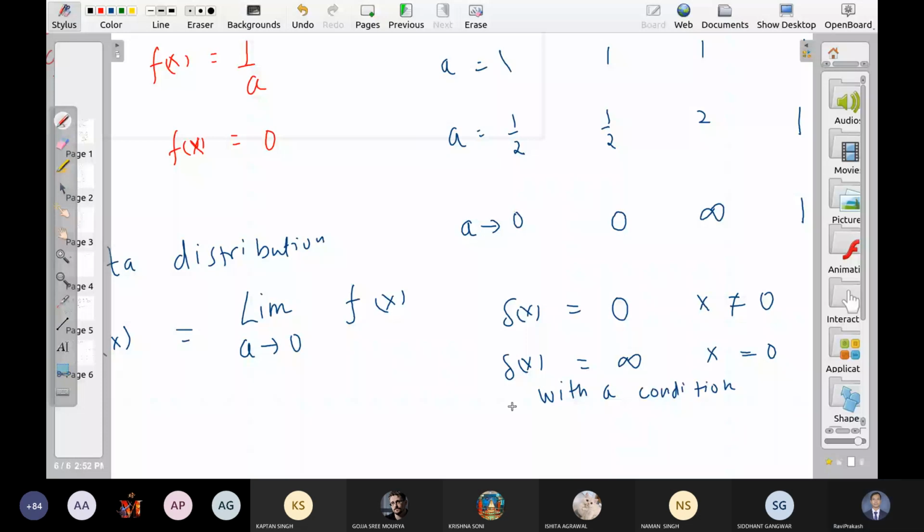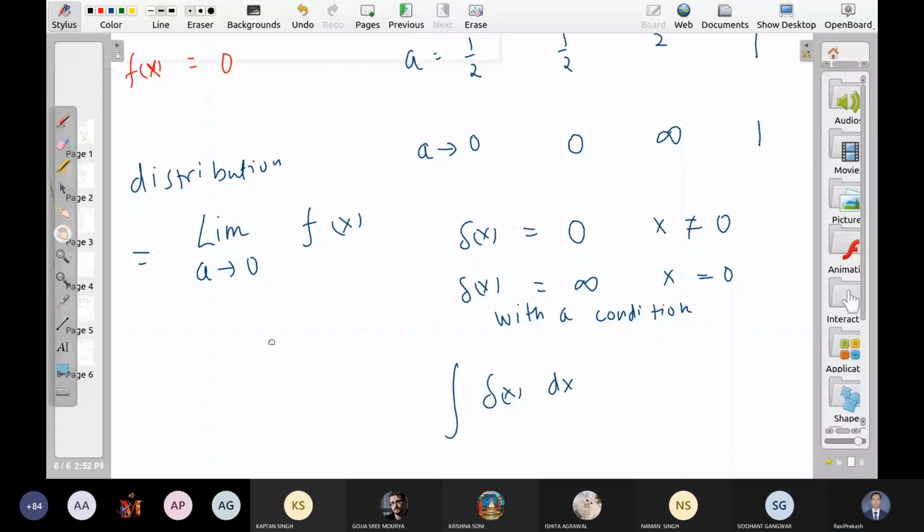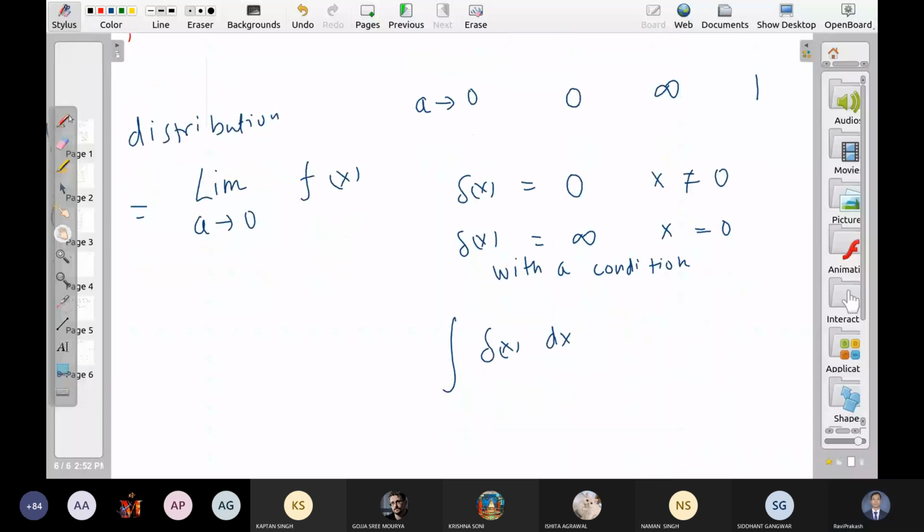Means the integral of delta x dx, what are the limits? x is equal to 0 minus any small number to x is equal to 0 plus epsilon.